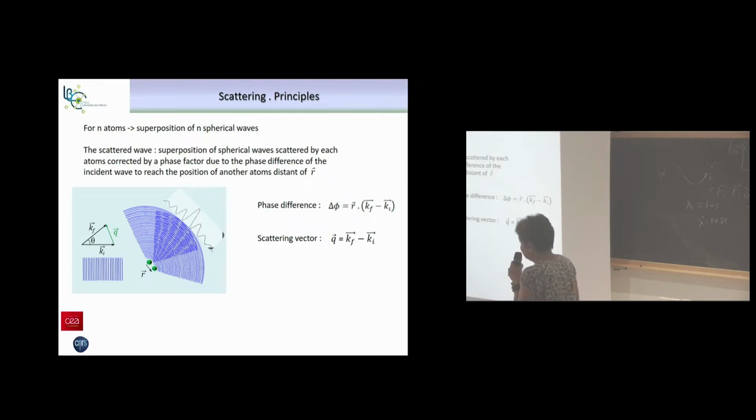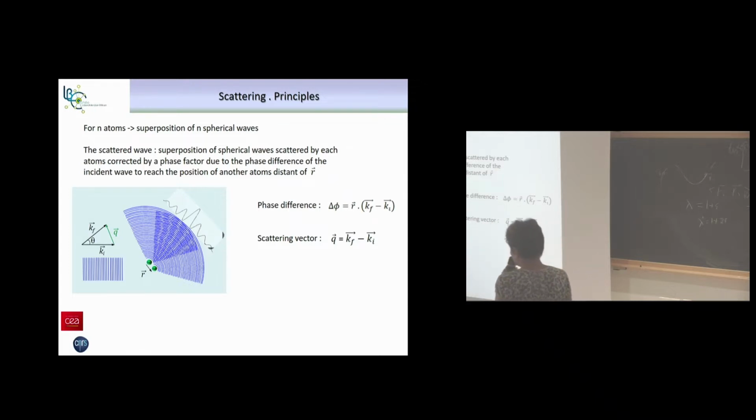So now, if you add another atom, you will have two scattered waves, and this makes interference. There is a phase difference between these two waves, which depends on the delay for the wave to reach the second atom.